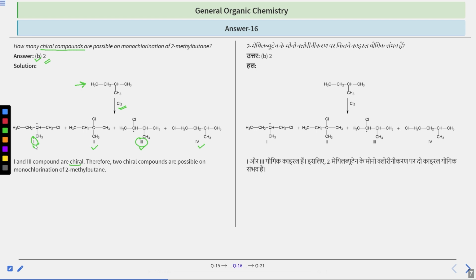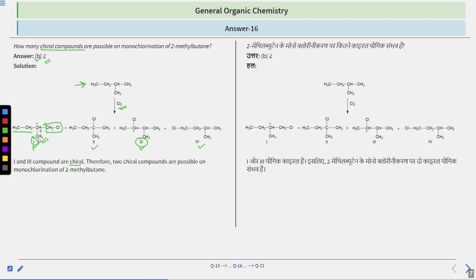For example, in the first compound, this star carbon has 1 bond with hydrogen, 1 bond with the CH2Cl group, 1 bond with the CH2CH3 group, and 1 bond with the CH3 group. All the 4 groups bonded to the star carbon are different: CH2Cl, hydrogen, CH2CH3, and CH3.